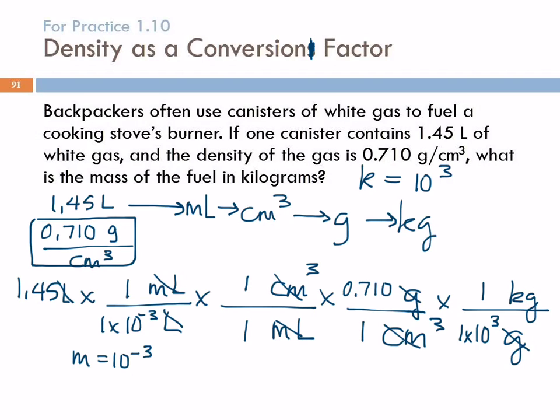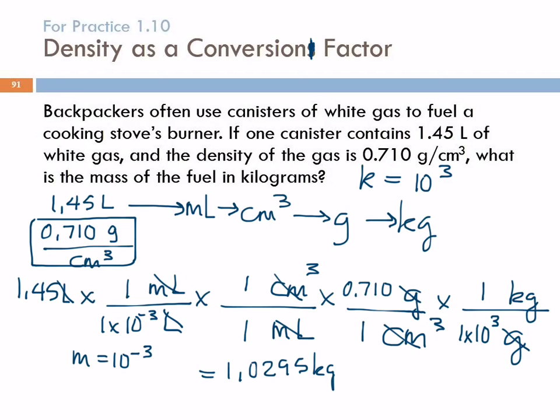Now we just multiply and divide across. 1.45 divided by 1 EE minus 3 times 0.71 divided by 1 EE3 equals 1.0295 kilograms.